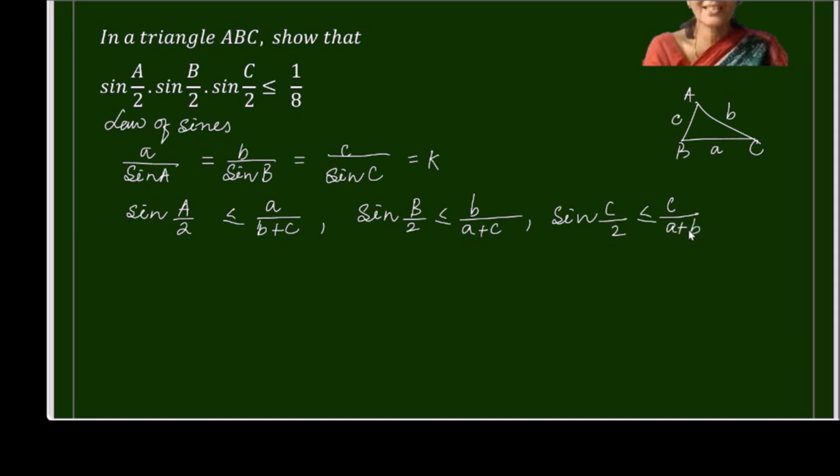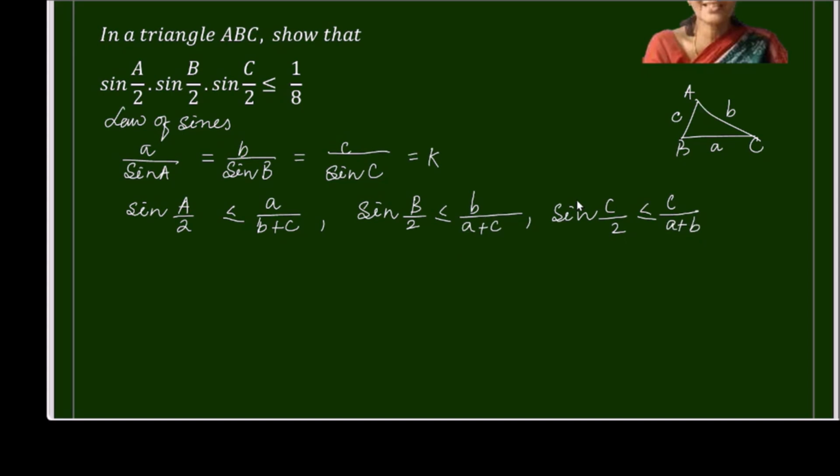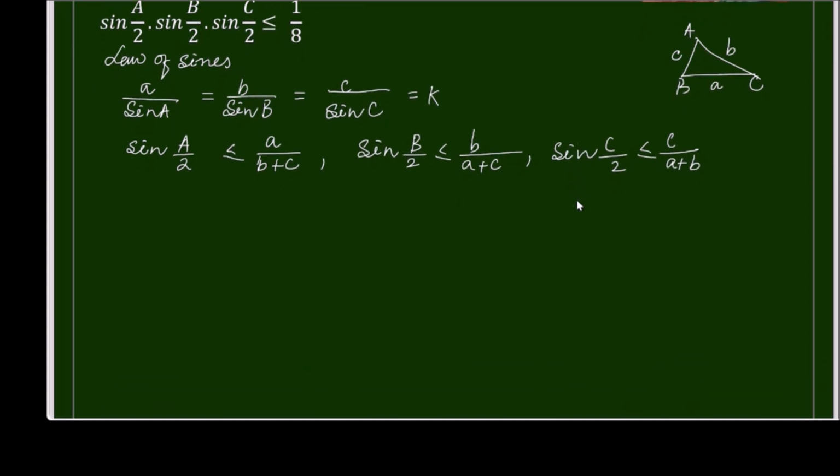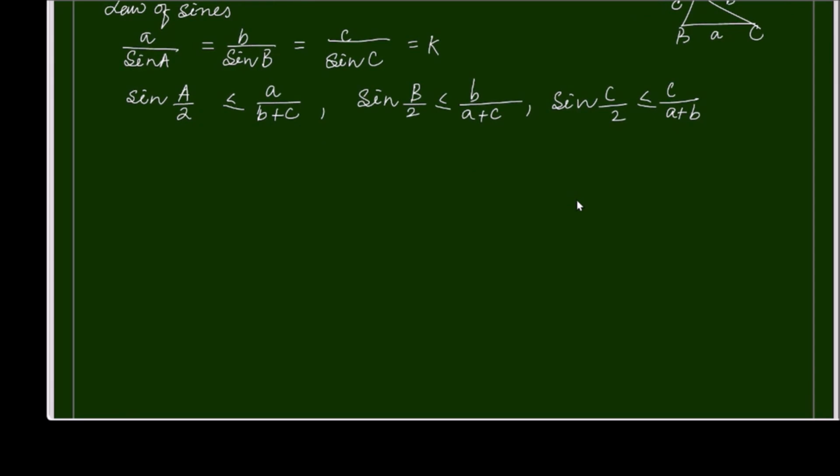If we prove one, by symmetry you can write the others. So I am going for the first one. To prove sine half A is less than or equal to this, I am taking the right hand side of this.